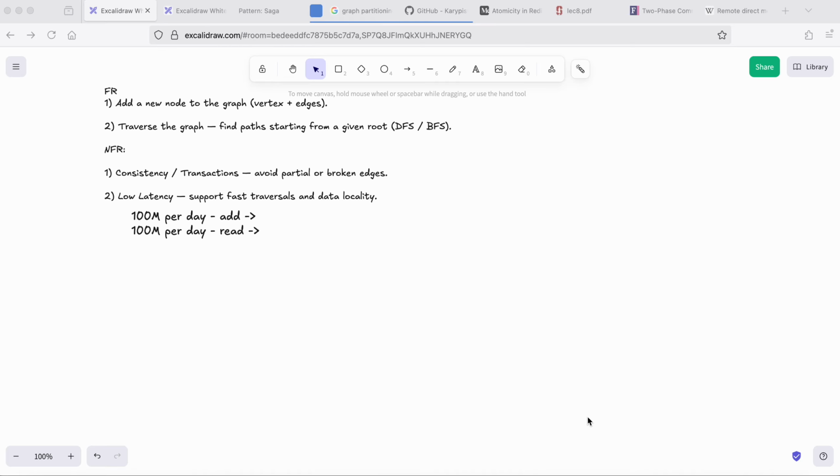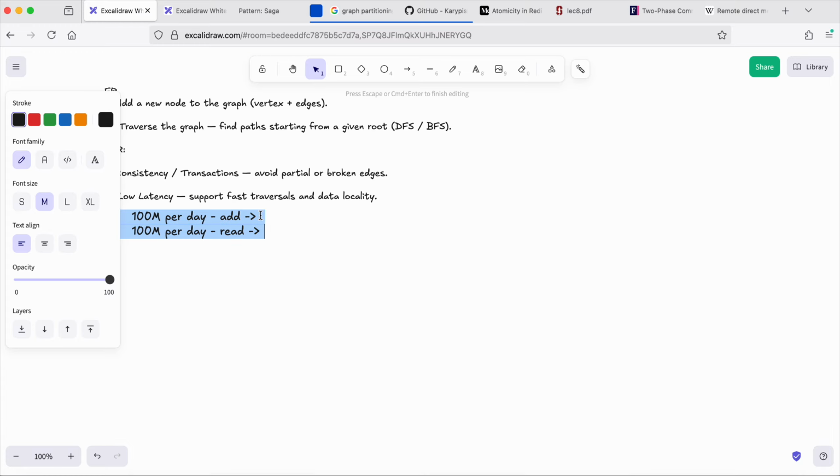Okay, in general, let's say that we will have about 100 million requests for adding the data and the same value for reading it. Let me try to calculate it: 100 million divided by 24 hours, divided by 60 minutes and 60 seconds.